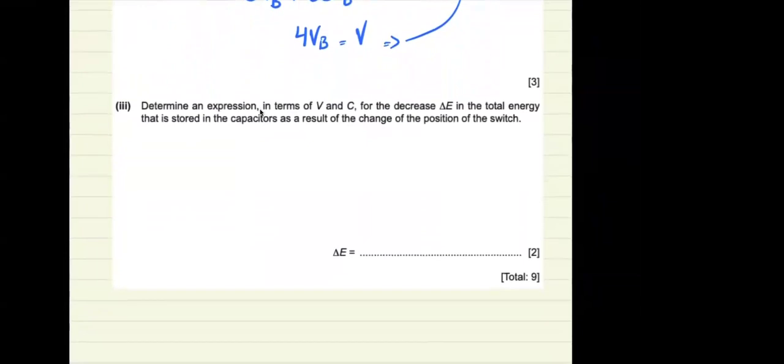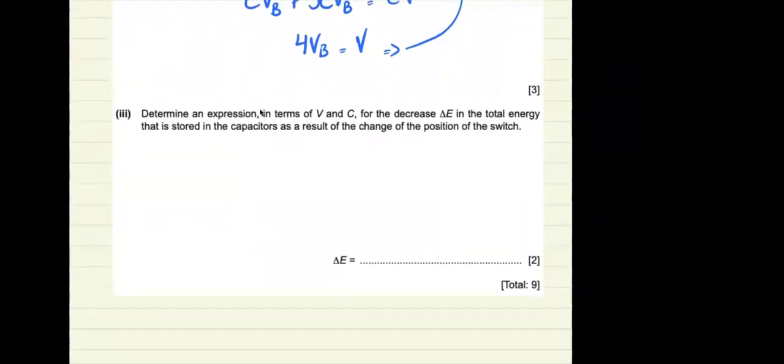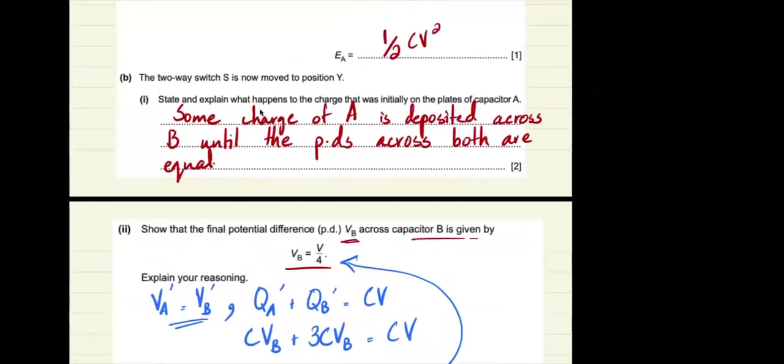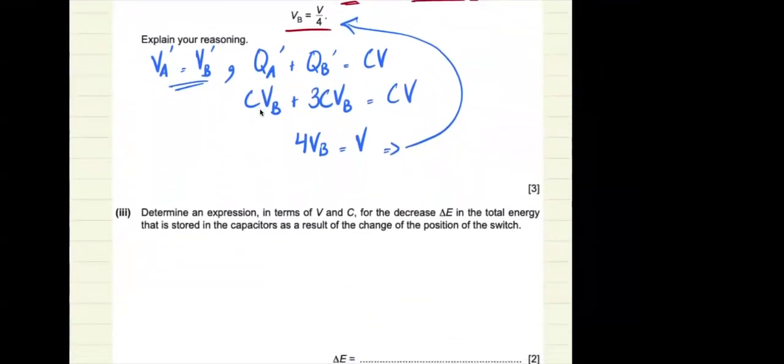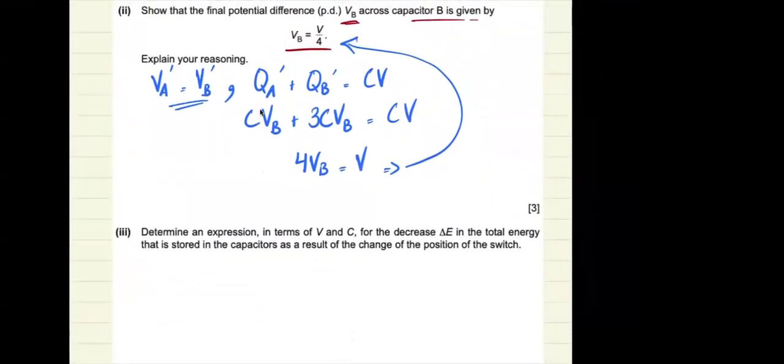Determine an expression in terms of V and C for the decrease in the total energy that is stored in the capacitors as a result of the change of the position of the switch. This was the initial energy. Now let's find the new energy. So the new energy is half CV squared again: half, across A capacitance is C and the voltage is V by 4, and this is squared.